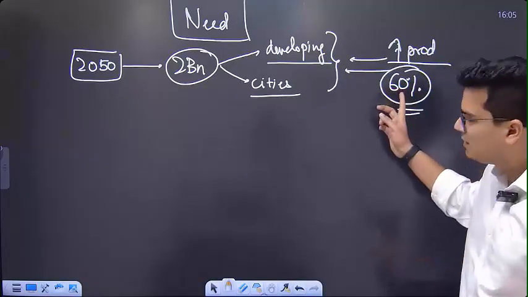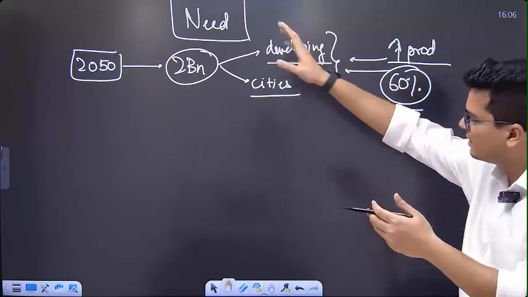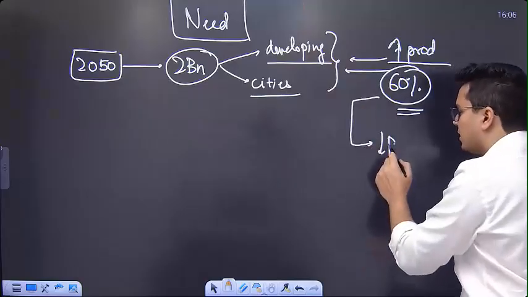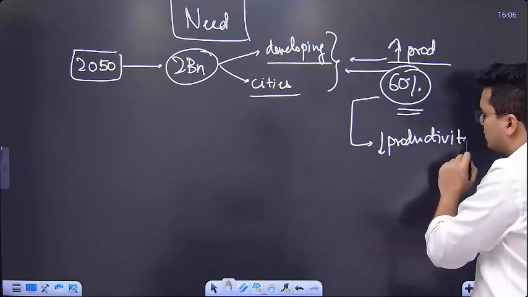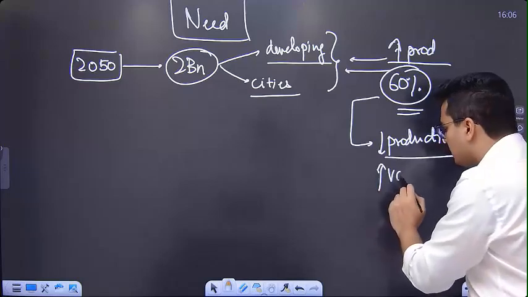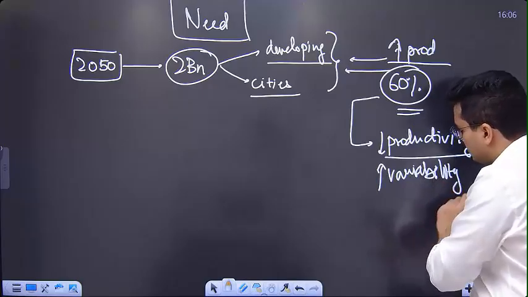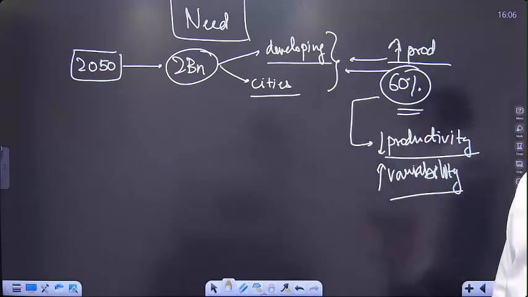The problem here is that climate change by 2050 will do what? Decrease agricultural productivity, decrease farmers' income, increase variability in terms of drought, variability in terms of the rainfall patterns that are existing.